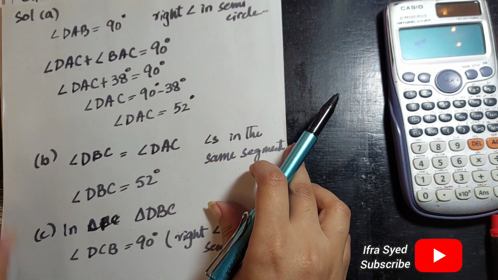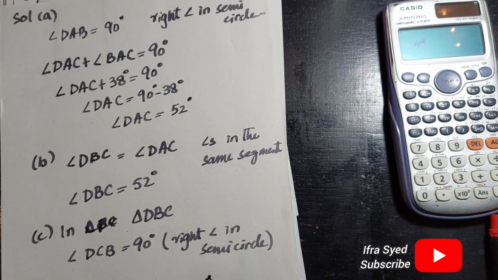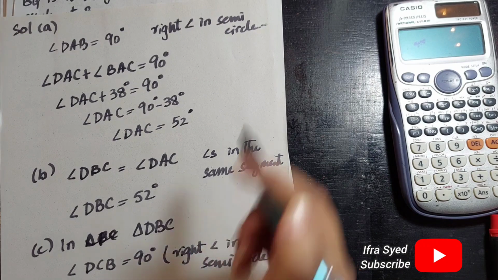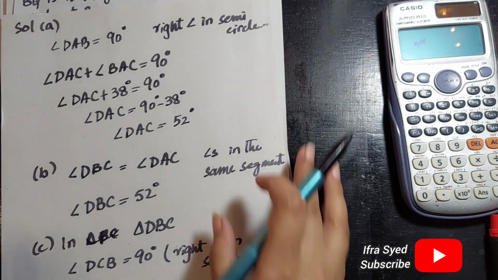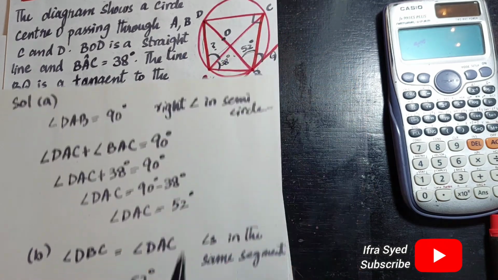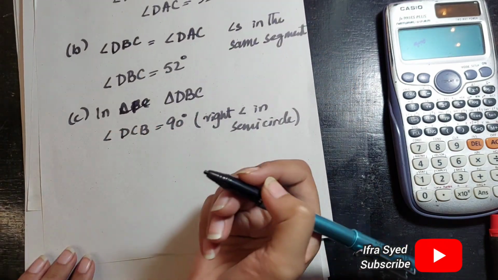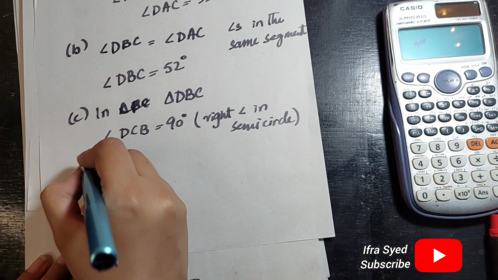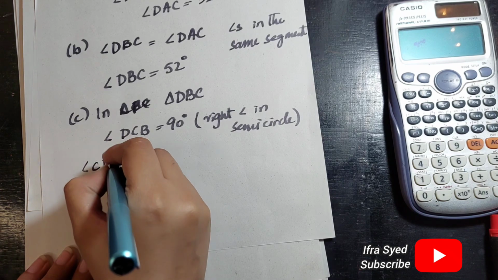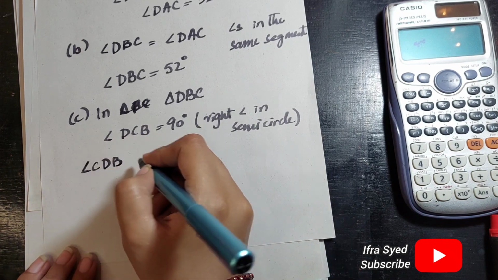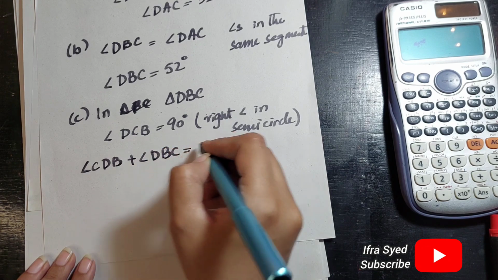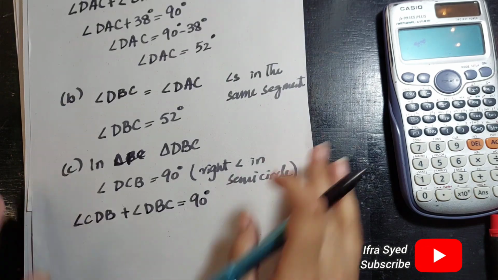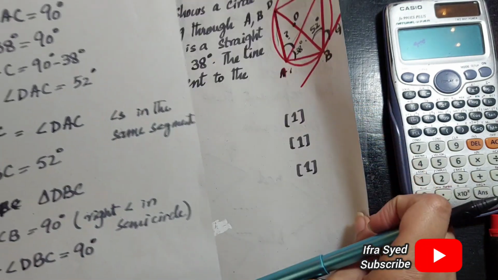So I'm writing here angle CDB plus angle DBC is equal to 90 degrees.